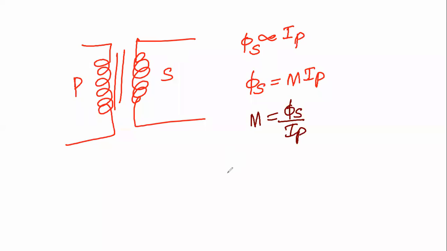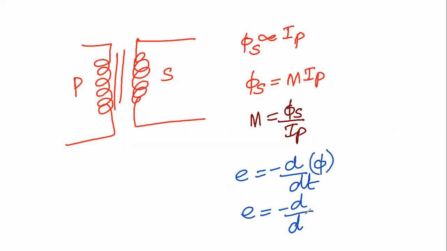So from this, induced EMF E is equal to minus d by dt of phi, which is minus d by dt of M into IP.